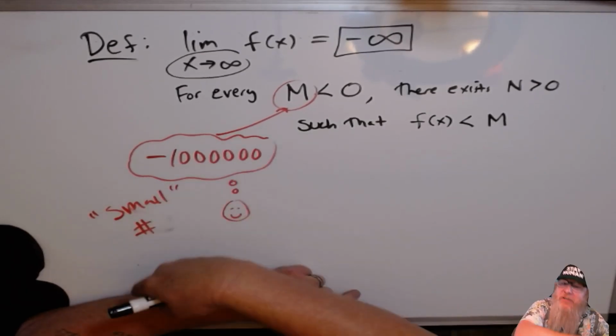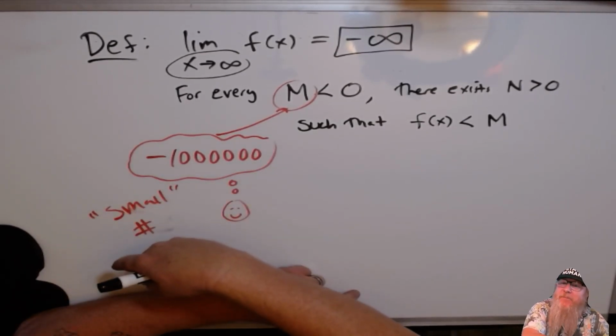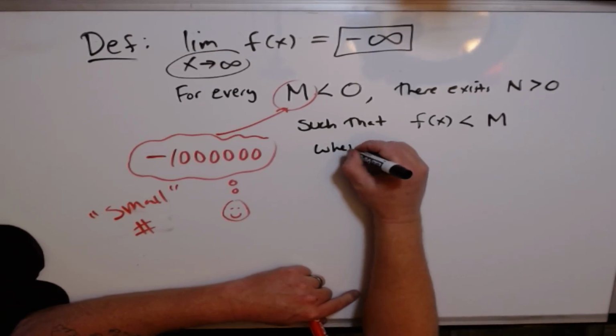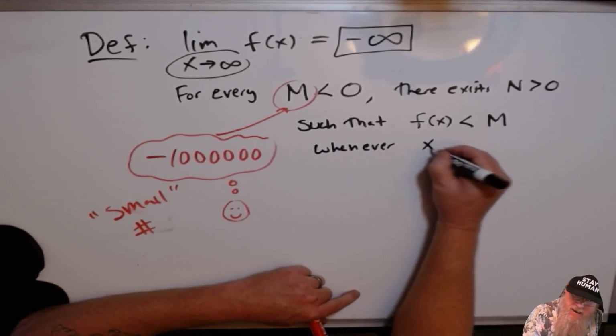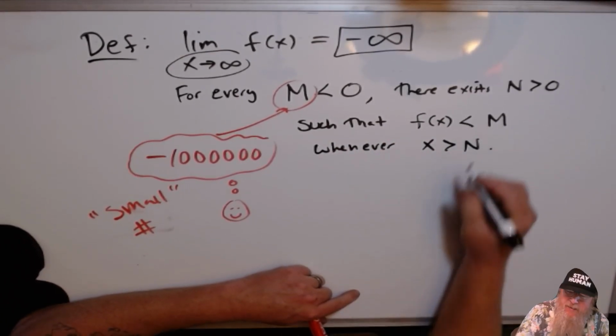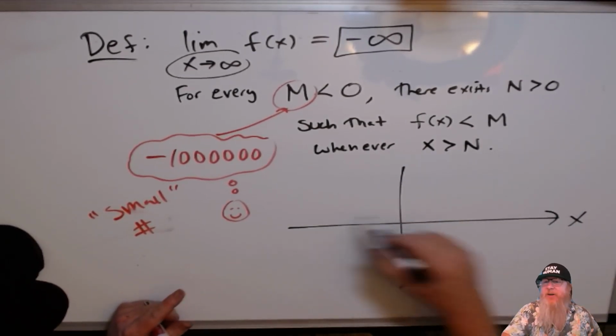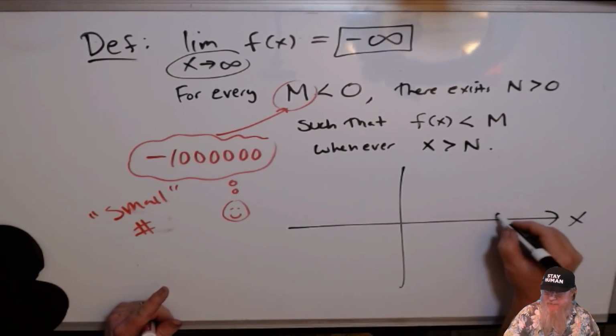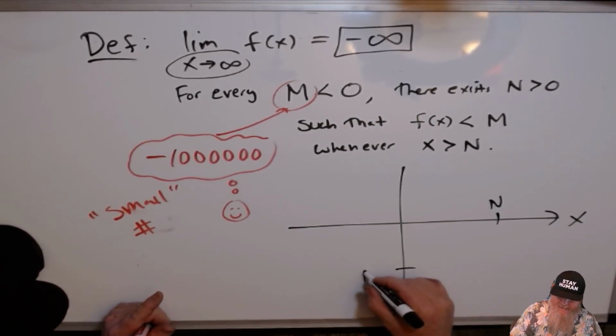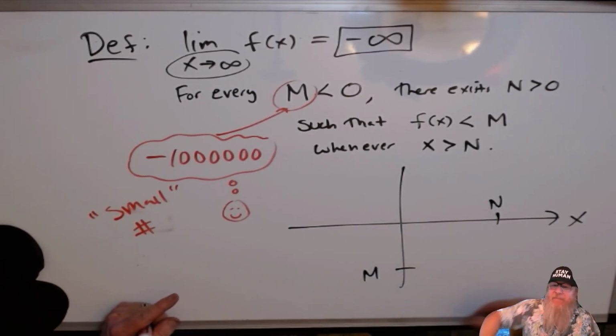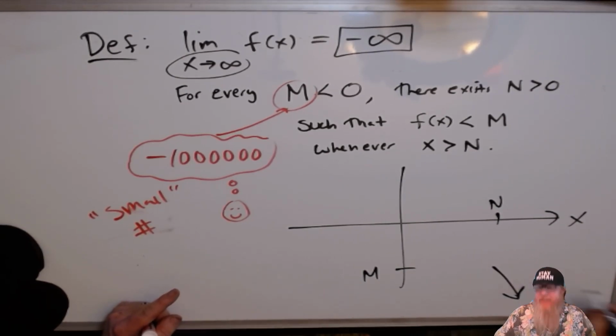So farther down than negative $1 million whenever x is greater than n. So essentially on the graph, it means that x is going to the right. There's your n. But f, or the y value, is going down like this.